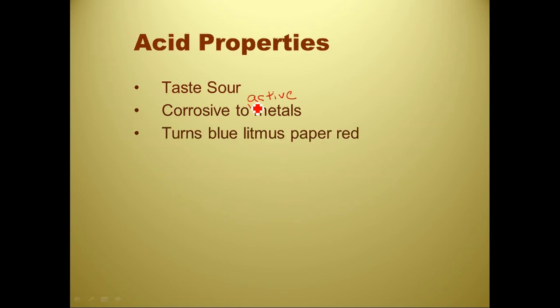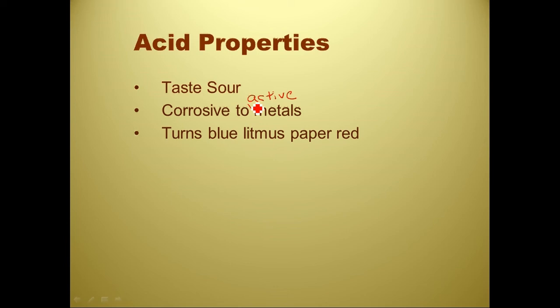All right, we've got 2 kinds of litmus paper. We've got blue litmus paper, we've got red litmus paper. All litmus paper is the same, basically. Here's what it is. It's a piece of paper that has a chemical on it. The chemical is there as an indicator to tell you what kind of substance you have when you dip the piece of paper in it.